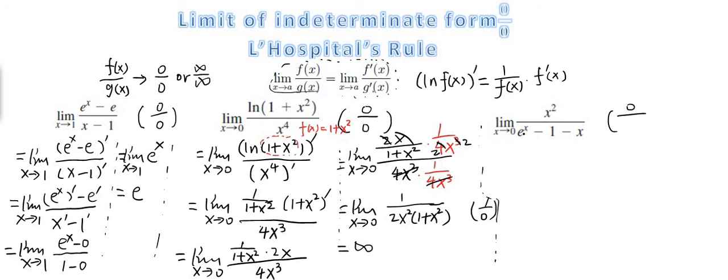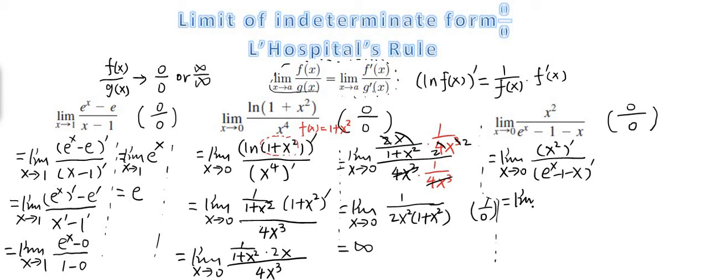For the denominator, when we plug in x equals 0, e to the power 0 is 1, and 1 minus 1 is 0. So we can use L'Hopital's rule. That means we take the derivative of the numerator and then the derivative of the denominator.